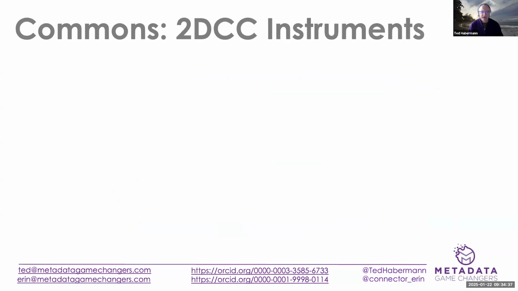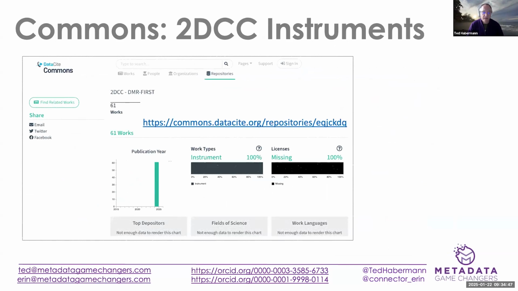So if we look at DataCite Commons, we mentioned 2DCC before as an organization that's created some instrument metadata. As I mentioned, DataCite Commons allows you to look for works or people or organizations or repositories.